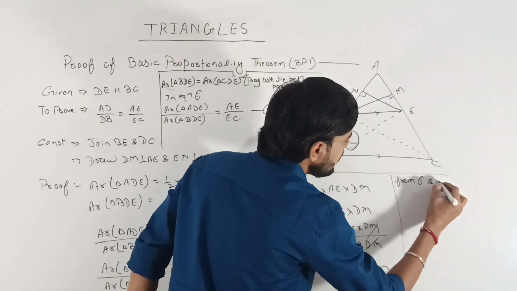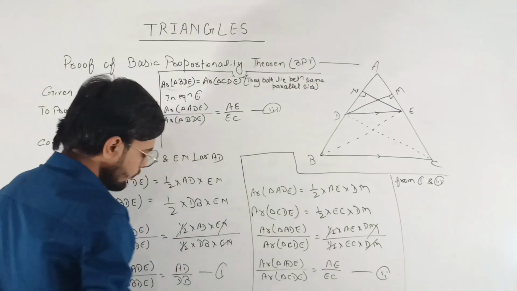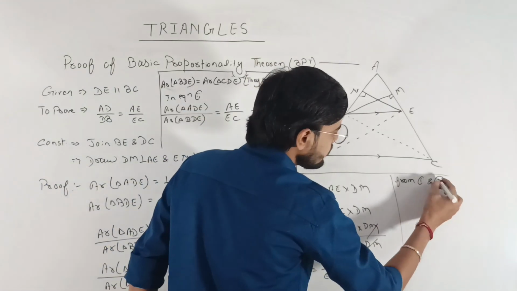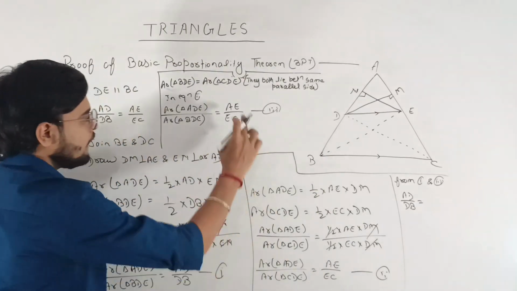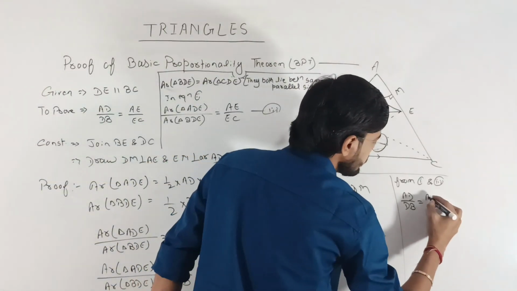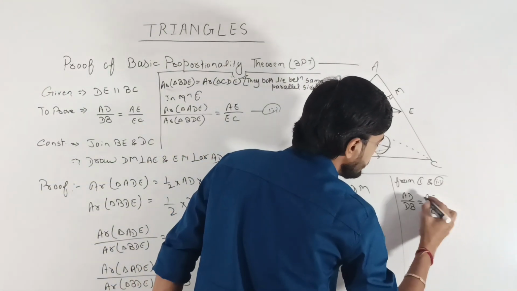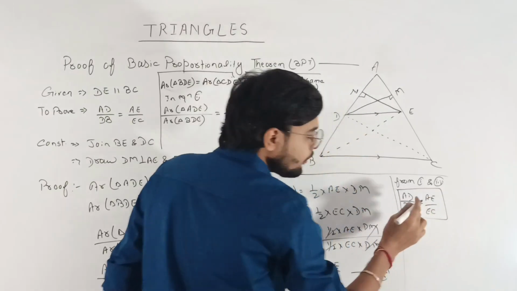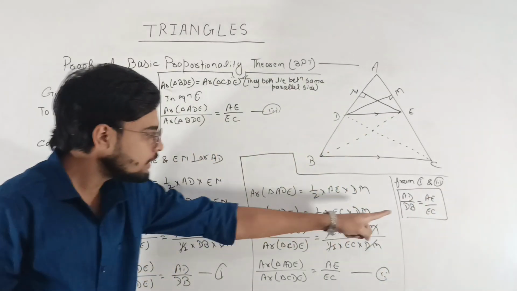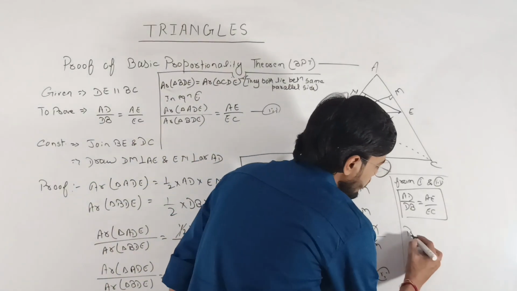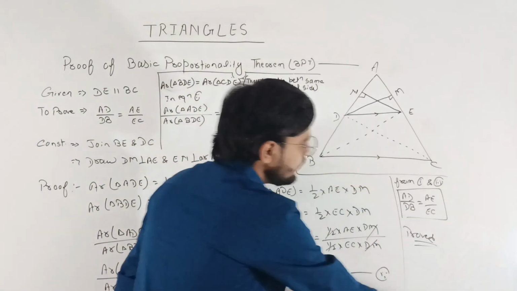From equation first and equation third, AD upon DB is equal to AE upon EC. Now we have to prove this: AD upon DB is equal to AE upon EC. So our BPT theorem is proved.